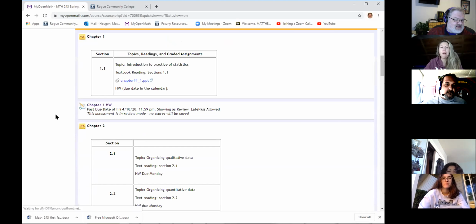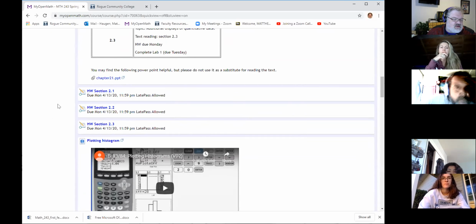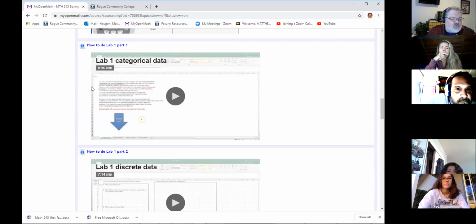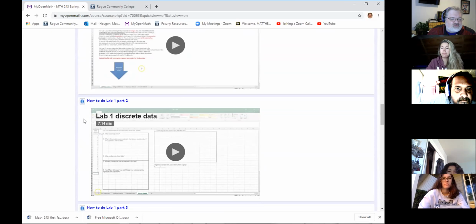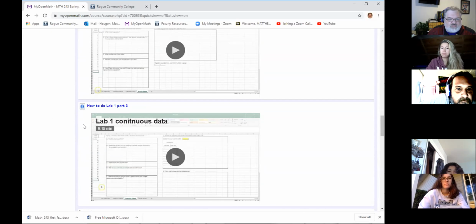I did decide to use the labs that are here, mostly because we won't be able to talk as easily in class, and the labs that are on here already have really nice talk throughs for how to approach them and how to use the Excel tools to do them. Some of them are not quite as in-depth as some of the other things we could do, but we'll supplement those tools so you guys see them.